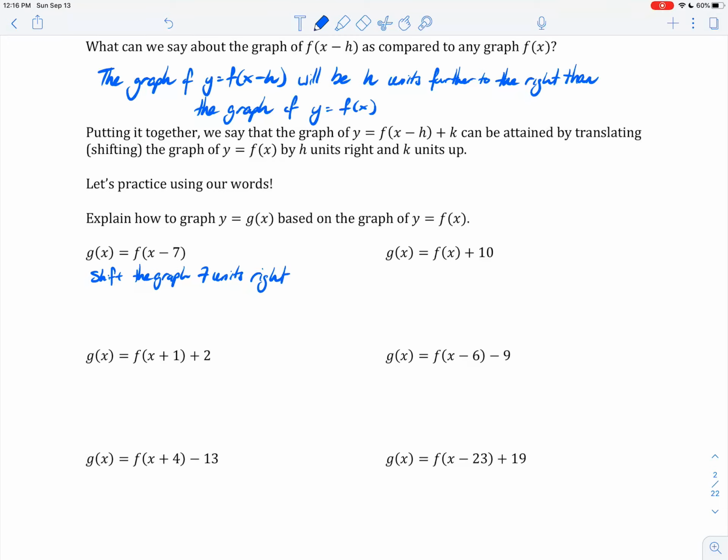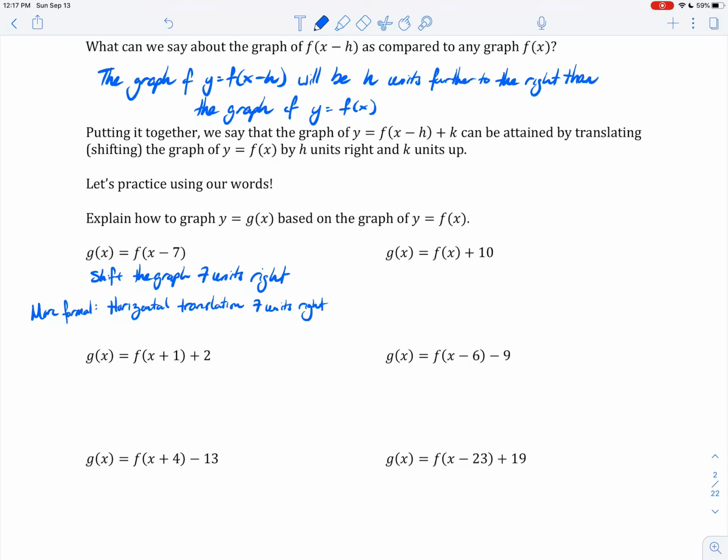If you want to be more formal, you can say that there is a horizontal translation 7 units to the right. Because again, when we slide it around, that's a translation.